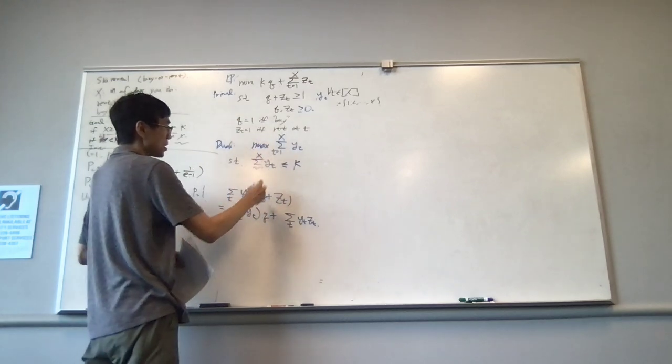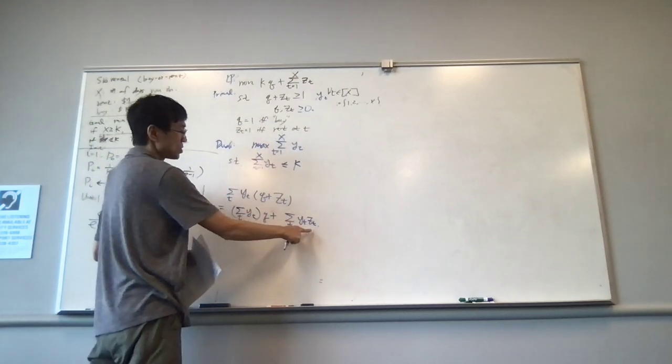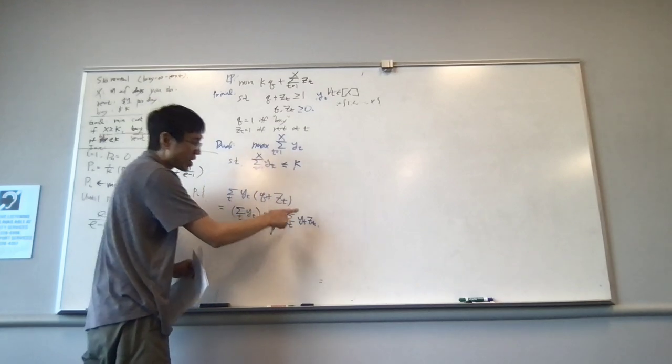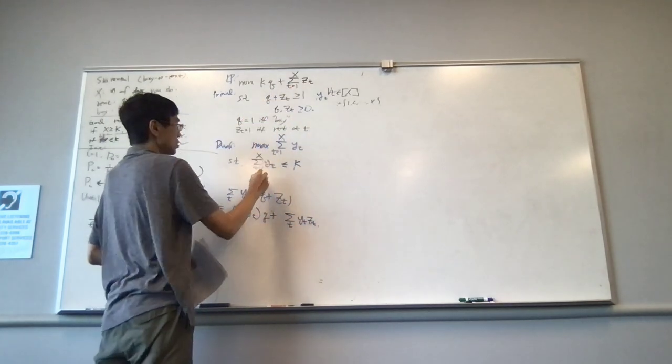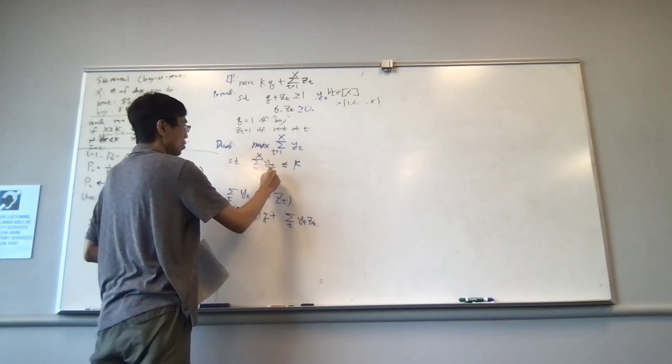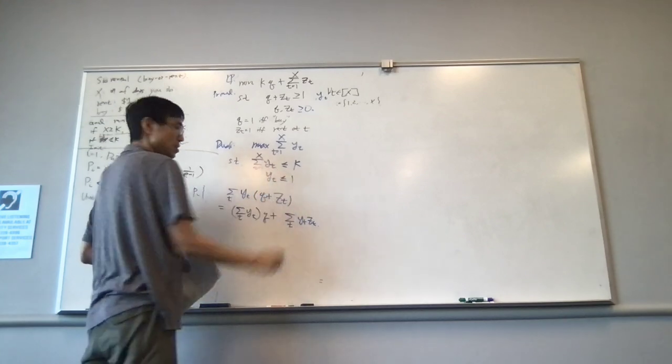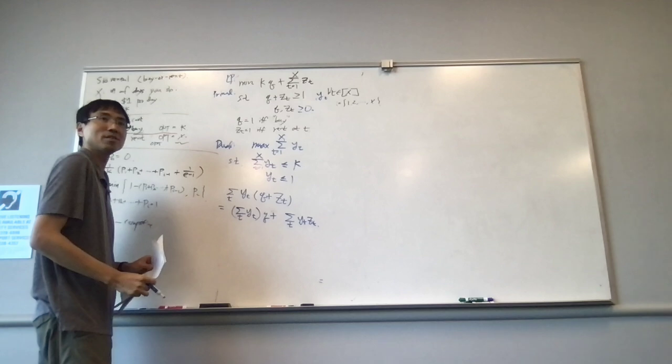And the second constraint, for Z_t: if you look at the coefficient of Z_t, the coefficient is y_t, but the cost is 1, so y_t must be at most 1.